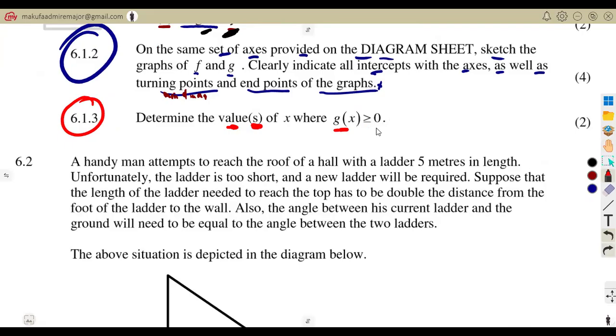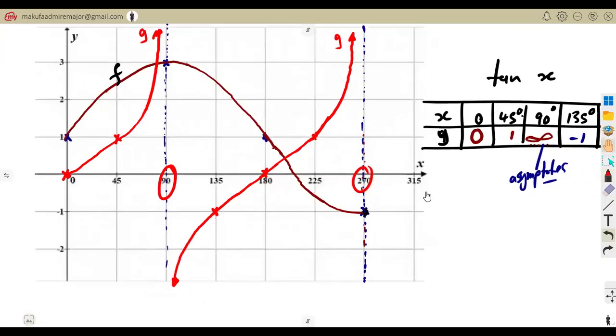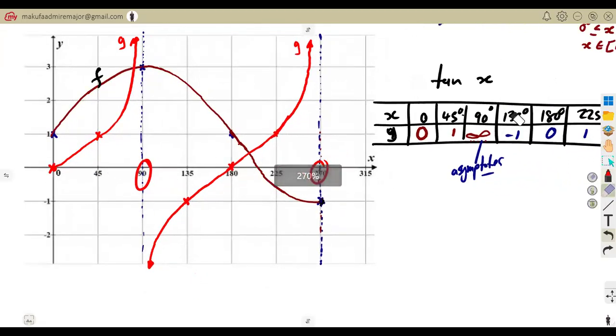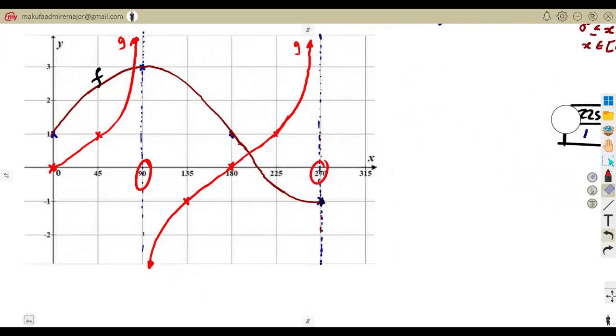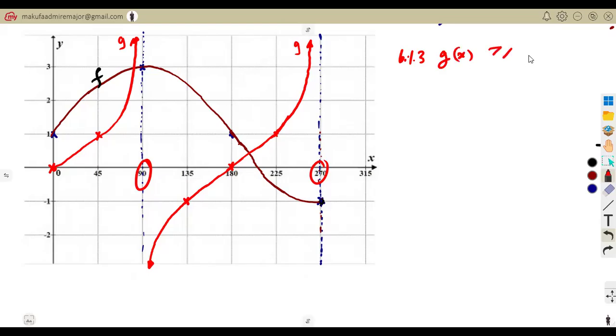Whatever graph you are given, when we say the graph of g(x) is greater than or equal to 0, we are talking about y values.